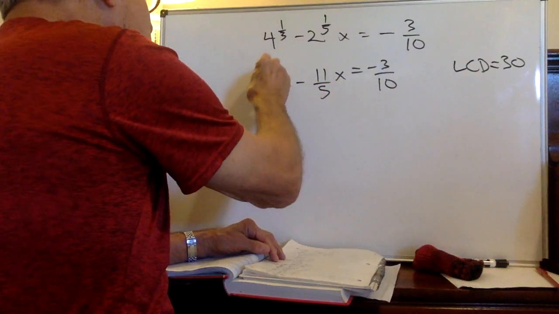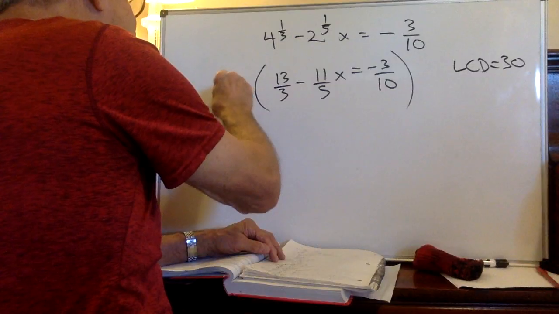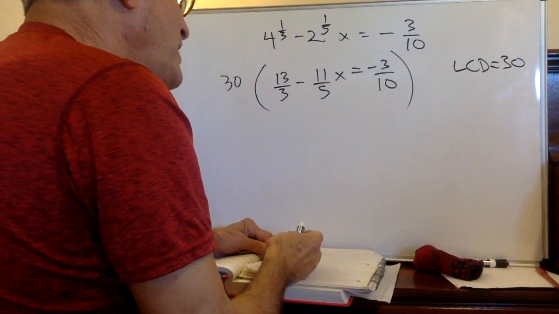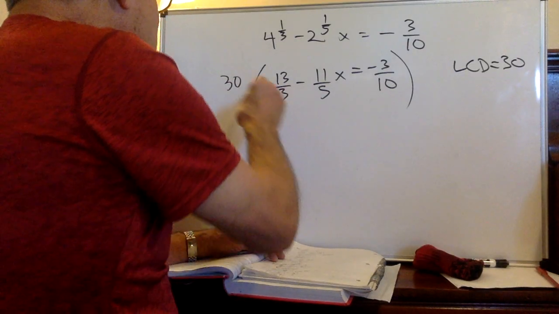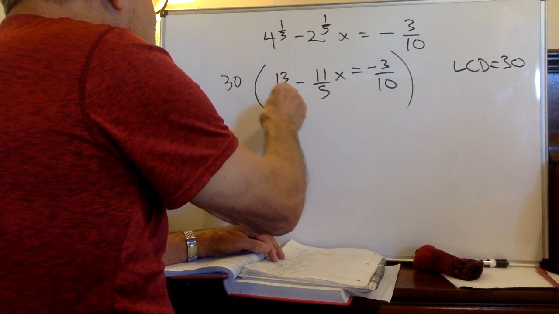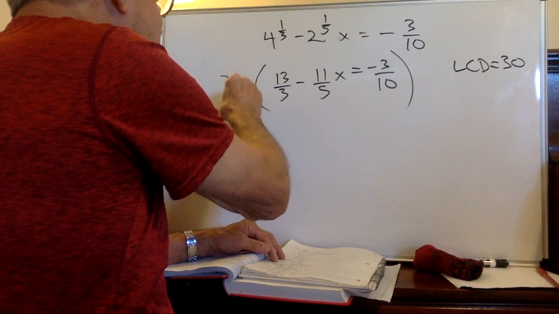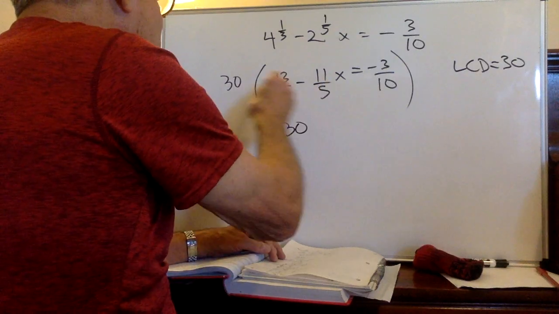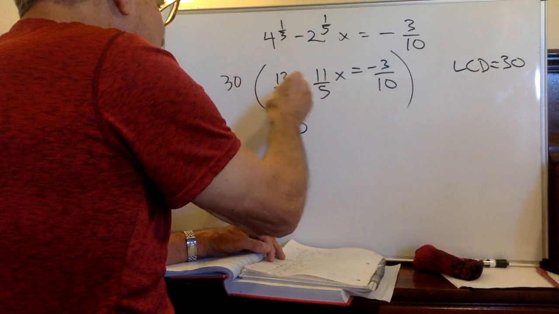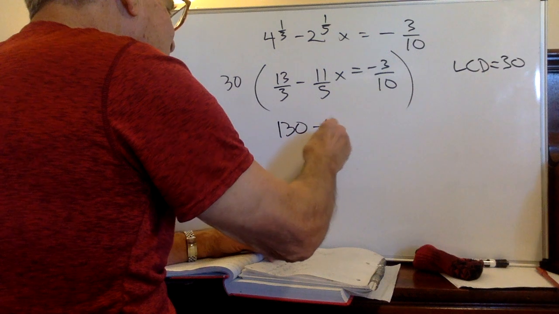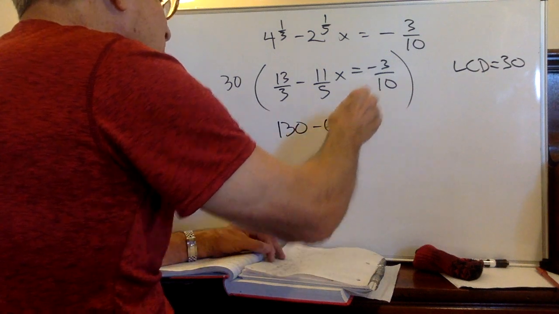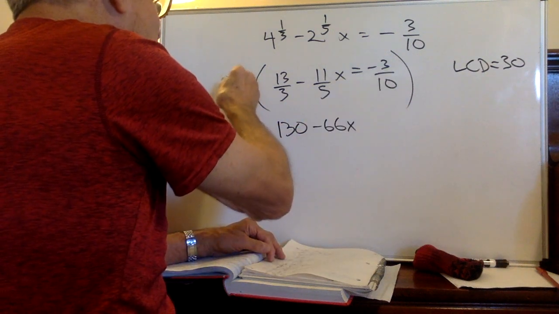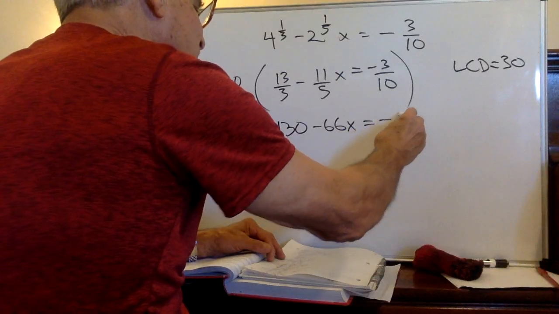So enclose in parentheses and multiply every term by the lowest common denominator. 30 times 13 over 3, 3 goes into 30 10 times. 10 times 13 is 130. 5 goes into 30 6 times. 6 times negative 11x is negative 66x. 10 goes into 30 3 times. 3 times negative 3 is negative 9.